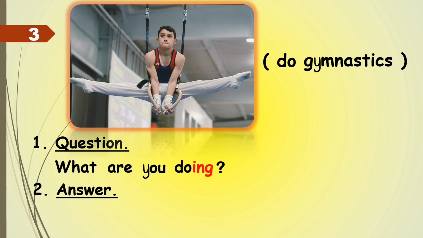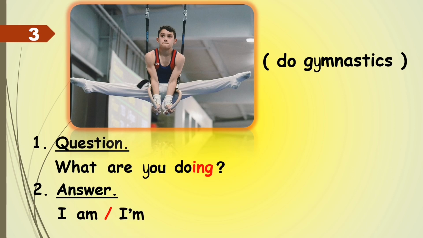And to answer the question, begin your answer with the correct subject. Look at the question. Which one is the subject? Yes, you is the subject. Can we use you to answer the question? No, right? Then what do we use? Very good, I. And the verb to be for I is am. I am or in contraction form, I'm.